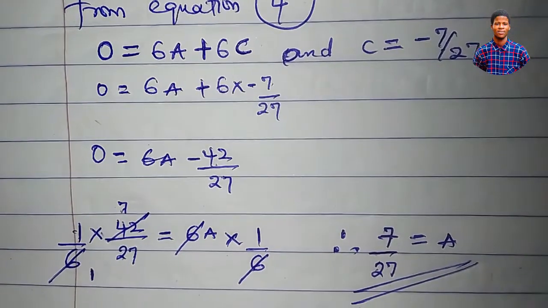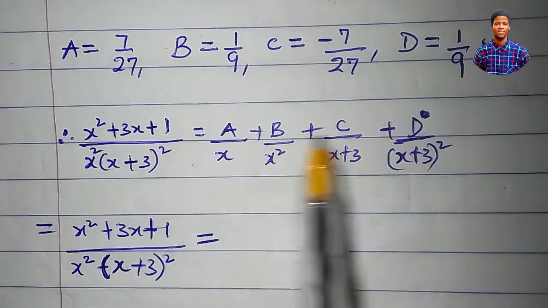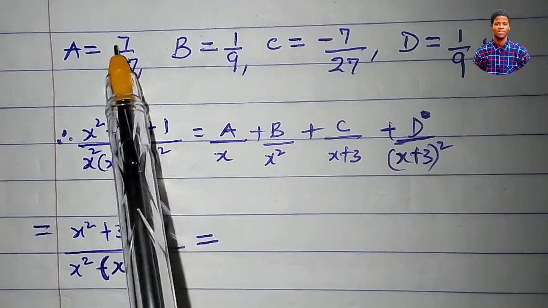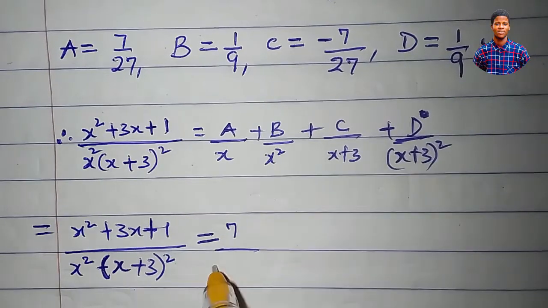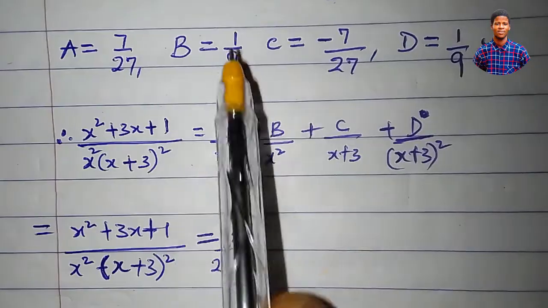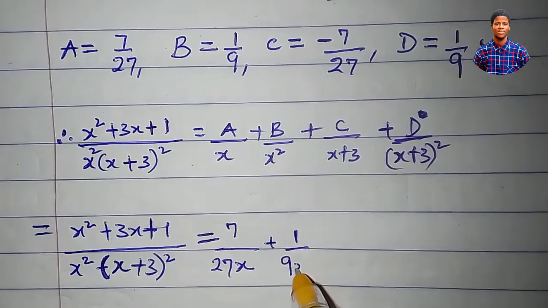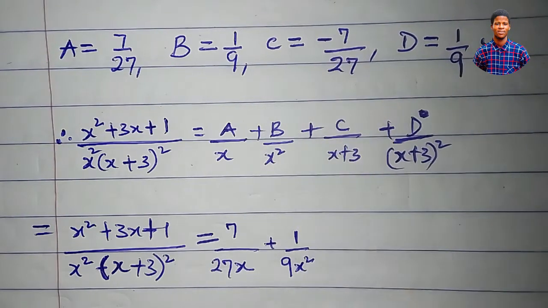7 all over 27. Let's now plug in these values for a, b, c, and d respectively into this equation. A is what? 7 over 27. So this becomes 7 all over 27x. B is what? 1 over 9. That will be plus 1 over 9x squared. C is what? Minus 7 over 27.